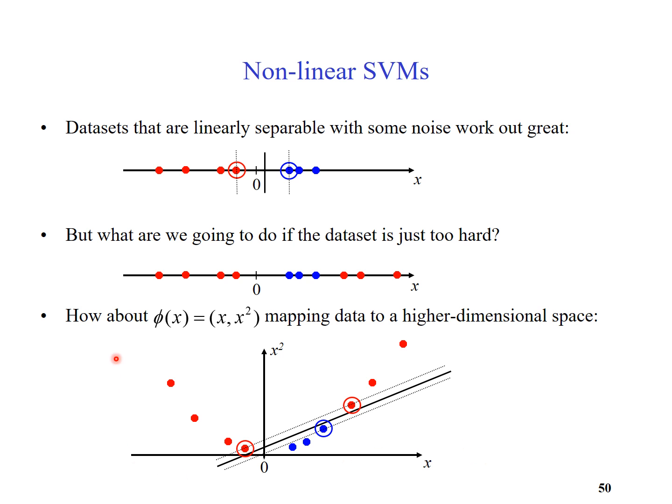In the two-dimensional case, we are able to find this linear line here. So in higher dimension, we find a linear line or linear hyperplane, and that line is mapped back to the original dimension. That's how it works in nonlinear SVM.